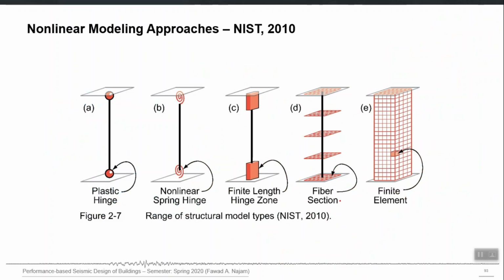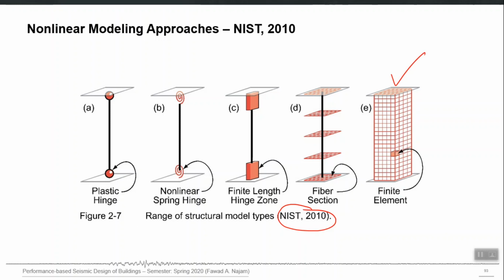So at the end, let's see one more classification. Obviously I will not go into its detail. I'll just show you. This is a similar classification, but now from a different reference, the NIST report. It is also available. Please check that report about nonlinear modeling. So this is the same classification but in a more expanded manner. On one extreme we have a detailed finite element kind of model, where you have very small discretized elements.